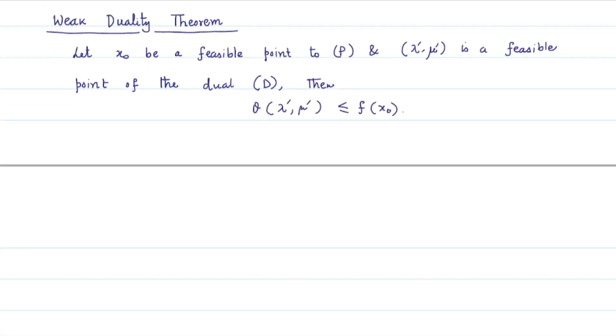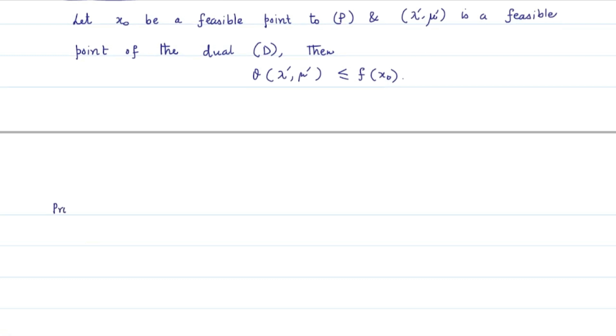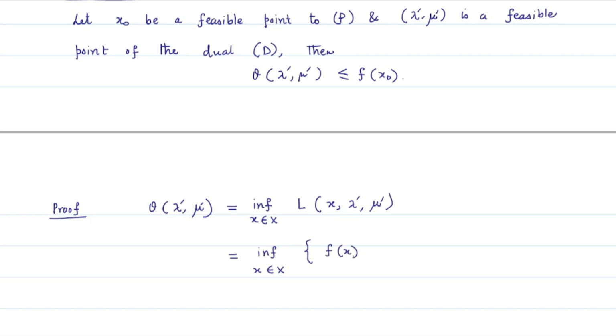The proof of this result is really straightforward. The proof is as follows: by the definition of theta(lambda, mu), we notice that theta(lambda dash, mu dash) is given by the infimum over x belonging to capital X of the expression L(x, lambda dash, mu dash), and this is identical to the infimum over capital X of f(x) plus lambda dash transpose g(x) plus mu dash transpose h(x).